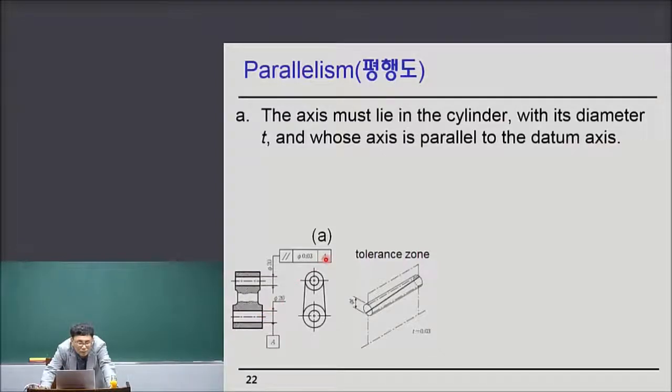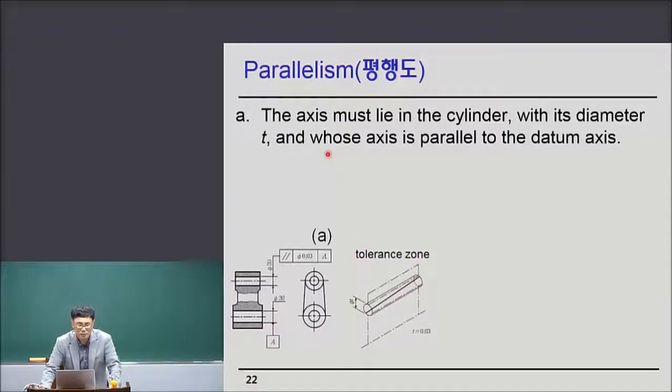From that axis A, the parallelism indicates the axis of the upper pi 20 cylinder. If a parallelism of pi 0.3 is defined, then the upper axis should lie within the pi t cylinder whose axis is parallel to the lower cylinder axis.